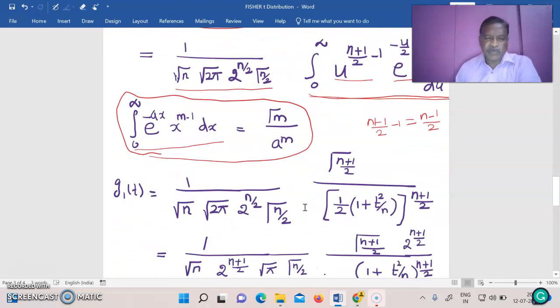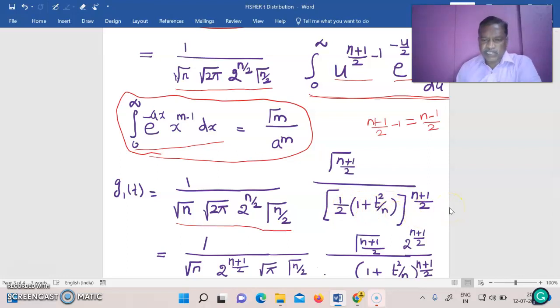Therefore, g1 of t equals 1 by root n, square root of 2 pi, 2 power n by 2, into gamma n by 2 as in the previous step, into gamma m. Note this: gamma m is nothing but gamma of (n plus 1) by 2, divided by a power m, where a is nothing but 1 by 2 into (1 plus t square by n), whole power m.